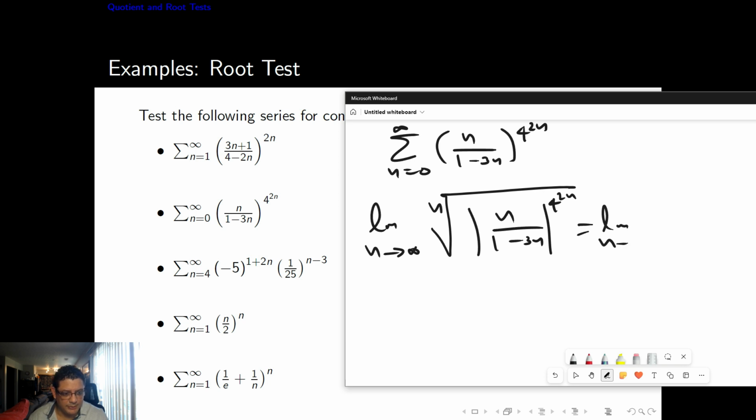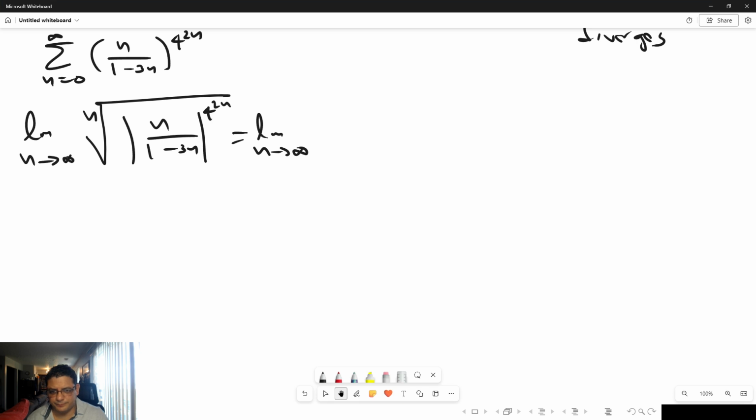We might, if we're not careful, end up putting the 1 over n here. We've got to be careful because we actually have to do it here.